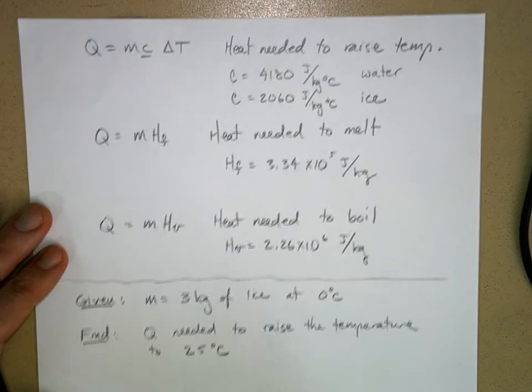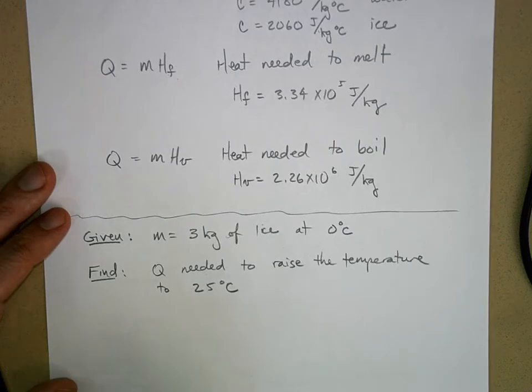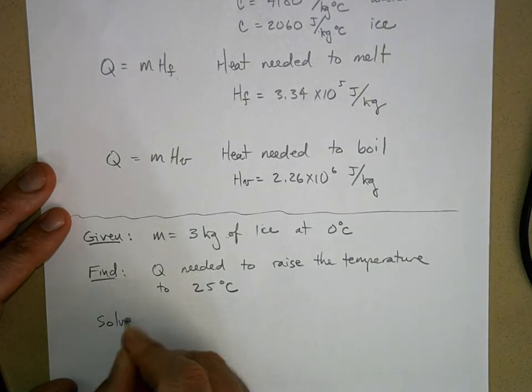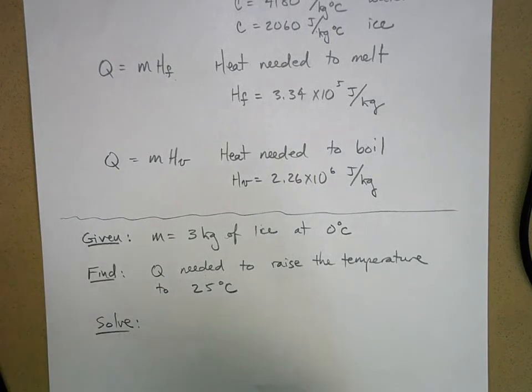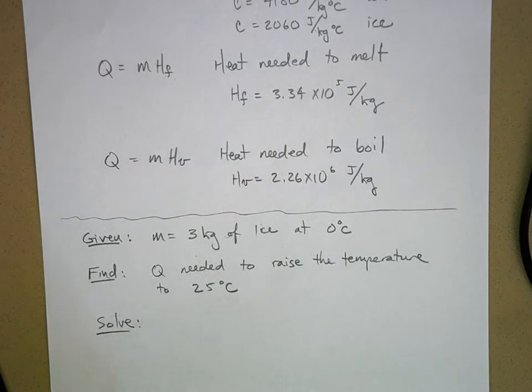So how much energy are we going to absorb from the environment? This is what we would use like in an ice chest. Let's suppose you've got a bunch of picnic stuff, some sandwiches and drinks or whatever, and you want to keep them cold. So you put in 3 kilograms of ice. That's about 6 to 7 pounds of ice.